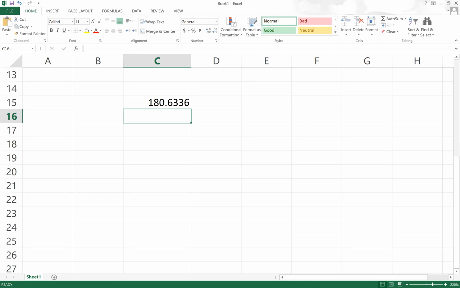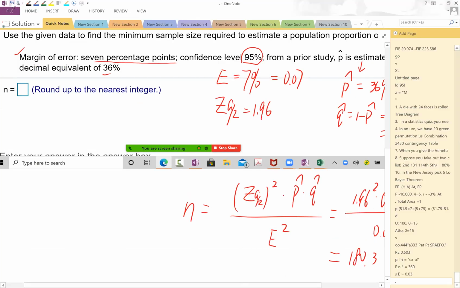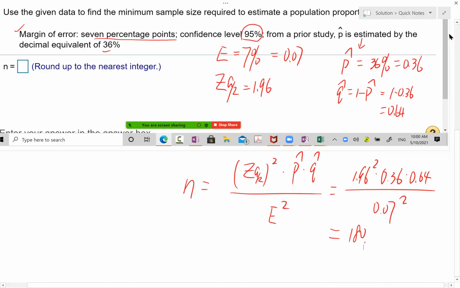180.6336. And again, due to the rounding rule, we will round up to the next whole number. Infinitely many decimal places, round up to 181.